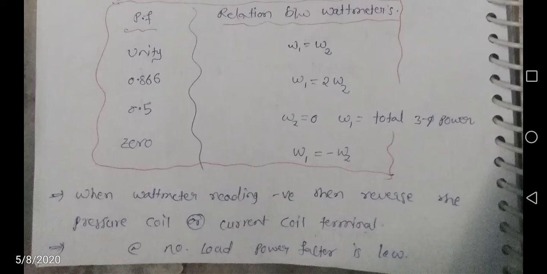So we know that power factor cos phi is proportional to I mu by I naught. From that, I mu is very less because under no load condition, magnetizing current is less. When I mu is less, then power factor is also very less.